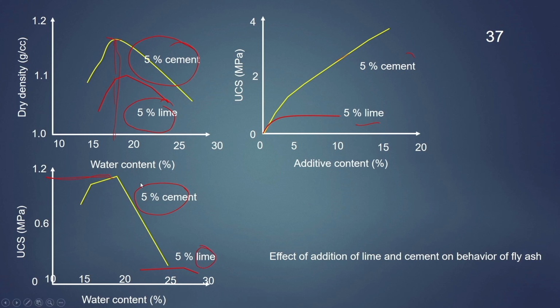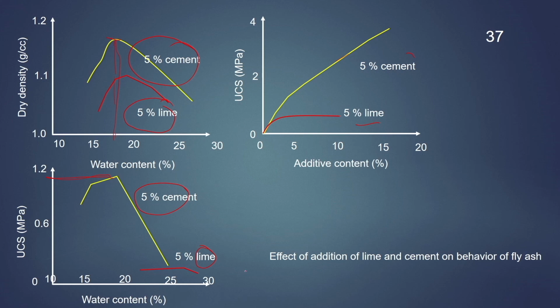So, here we can conclude that addition of cement will be more beneficial in terms of strength gain and achieving higher density in comparison to lime. Therefore, cement treated fly ash is more preferred in comparison to lime.